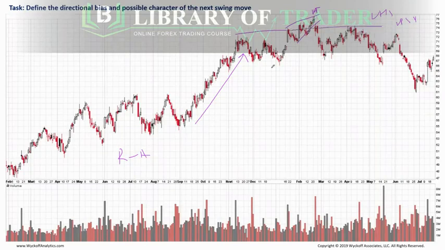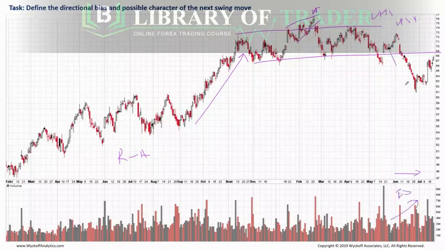Now for the volume towards the end, going from June to July-ish, I see what looks like an increase in synchronicity between effort to the downside and result to the downside.